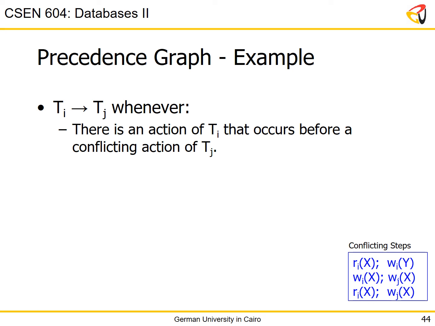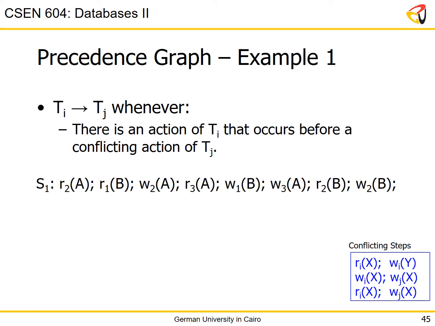We are going to write down the order that is implied from the conflicting steps, and that will be an edge. I have written down on the right side, as you see, the conflicting steps. And here's an example schedule.